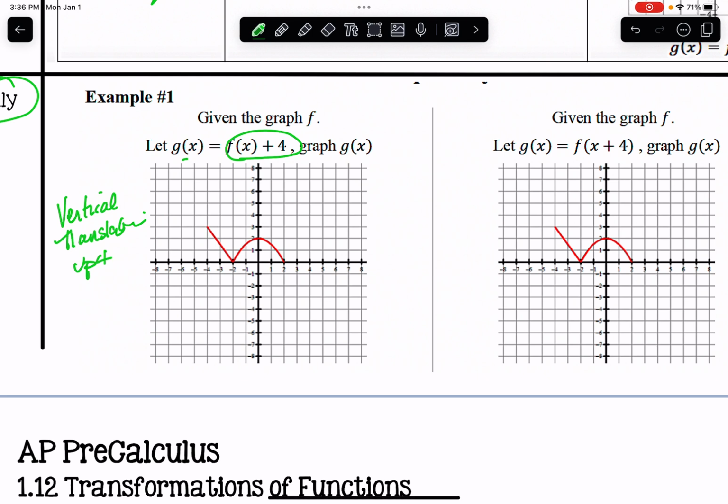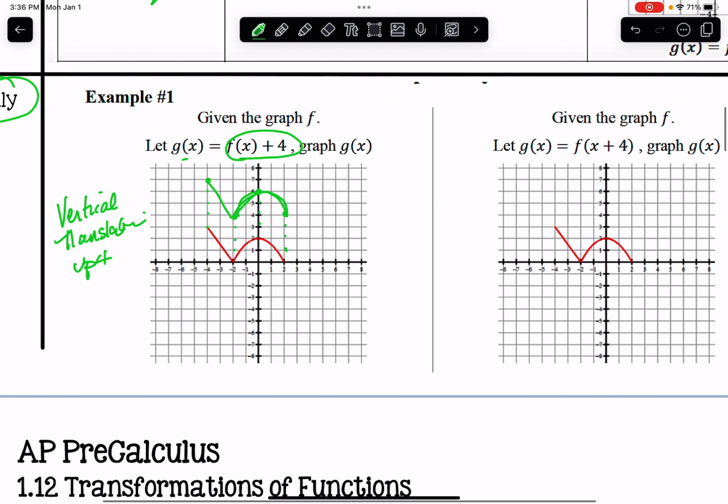So every point you would go up 4, 1, 2, 3, 4. It would just be translated up 4 units.